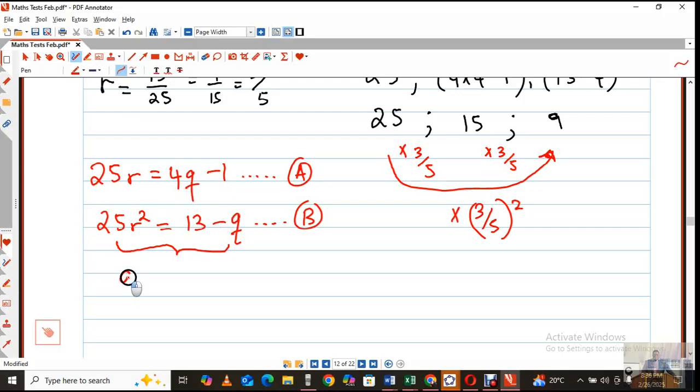So q equals, moving it there, 13 minus 25 r squared. Moving the terms around, that's what I'm going to get. And I'm going to sub into equation A for q. Could also have made the other one the subject of the formula, doesn't matter.